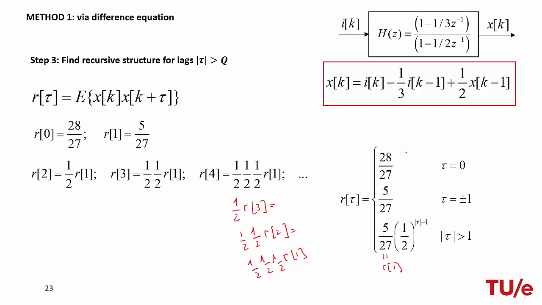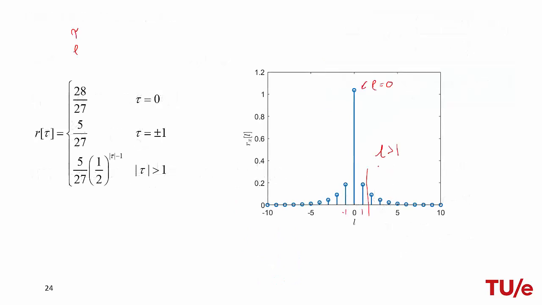While for the lags equal to 0 and plus minus 1, we are dependent on the moving average component, and therefore we need to express the autocorrelation function separately. So this is the final formula for my autocorrelation function. Apologies that I used basically interchangeably tau and L, but I hope you don't get confused. Tau and L are both basically the lag.